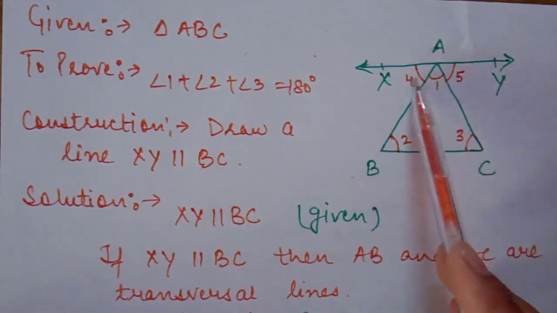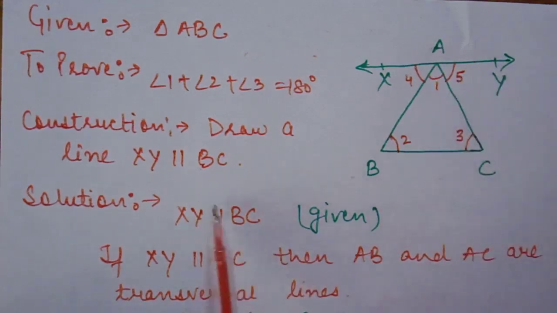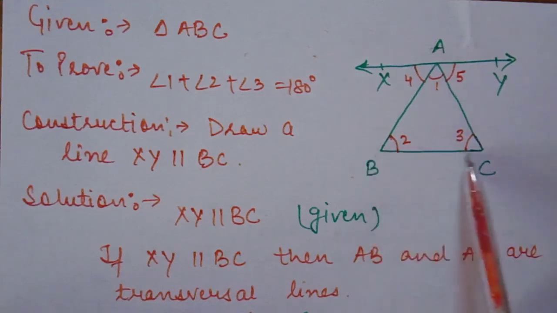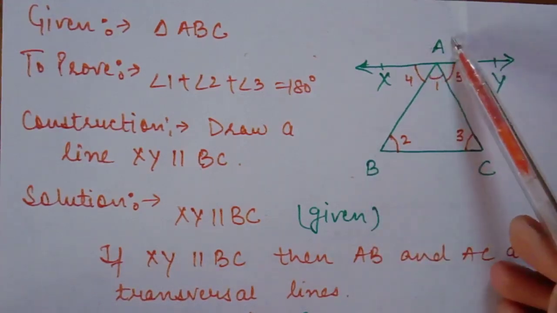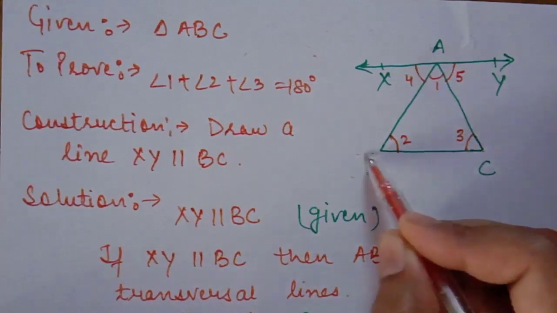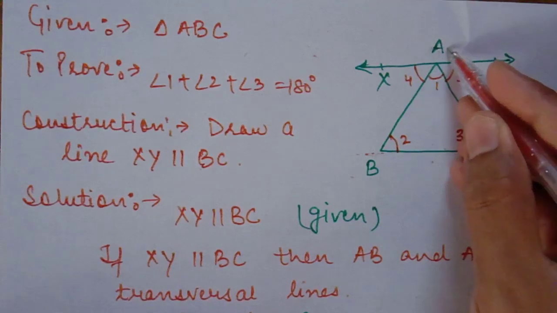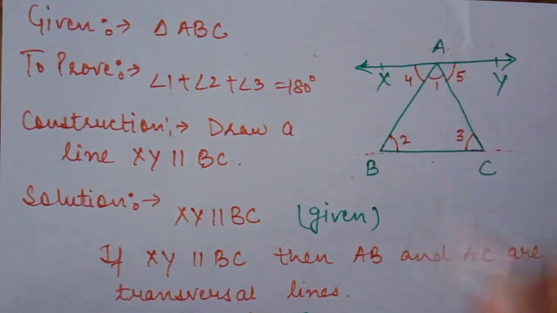After drawing this line, we will draw the two remaining angles also. If XY is parallel to BC, then definitely, if we focus attention here, these two lines are parallel to each other, and this is a transversal line and this is also a transversal line.